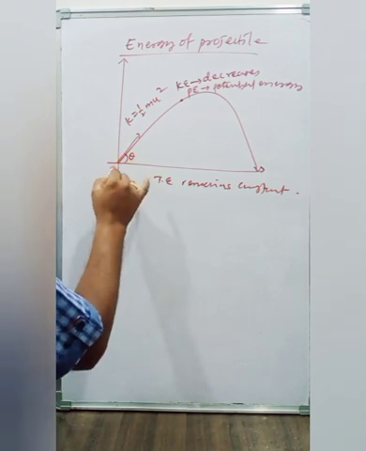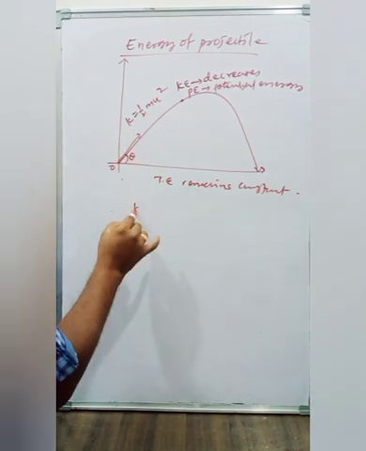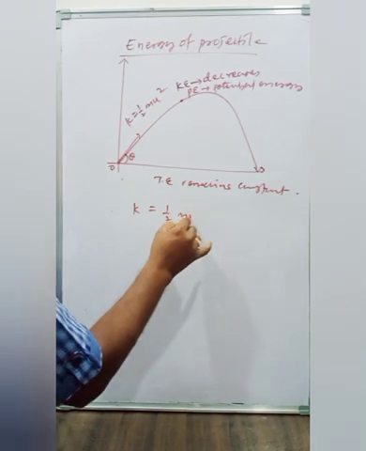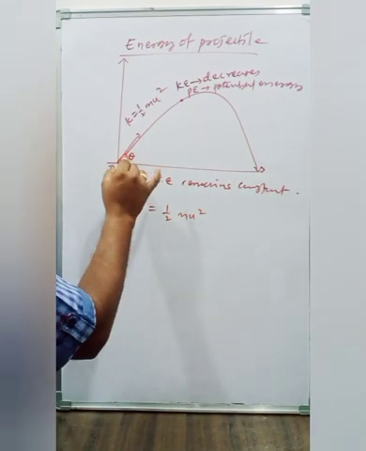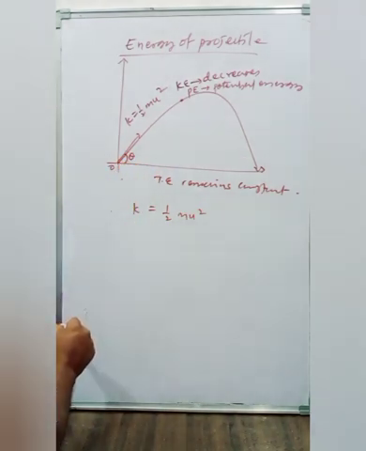Let the projectile be projected with a kinetic energy K equal to half m u square, and the angle of projection is theta.